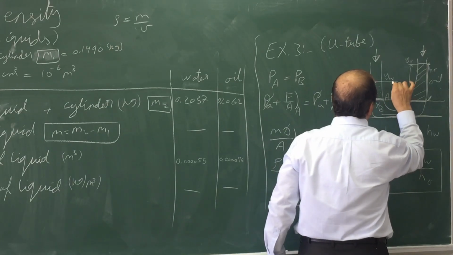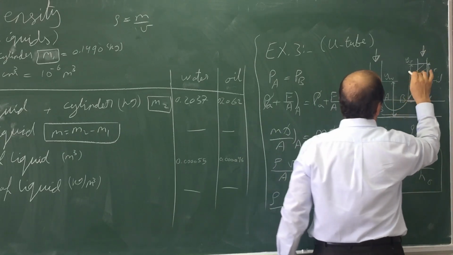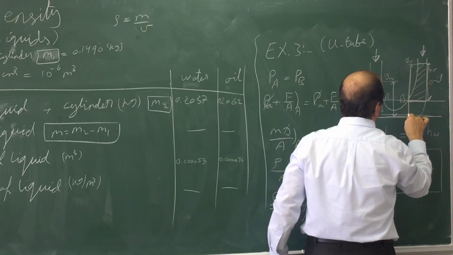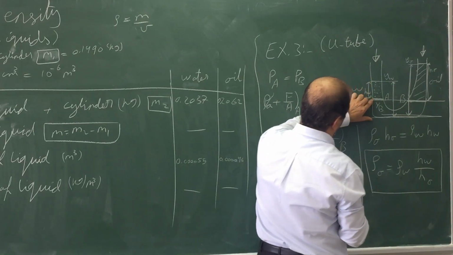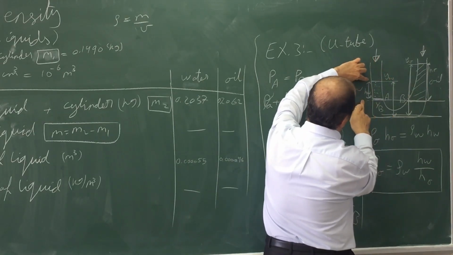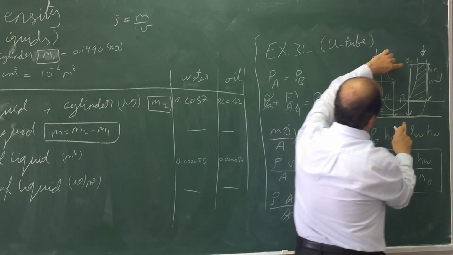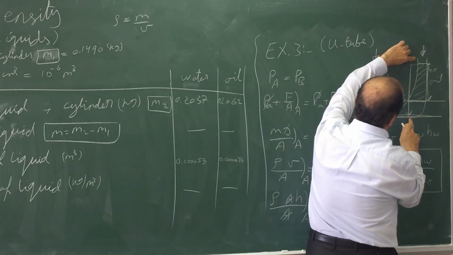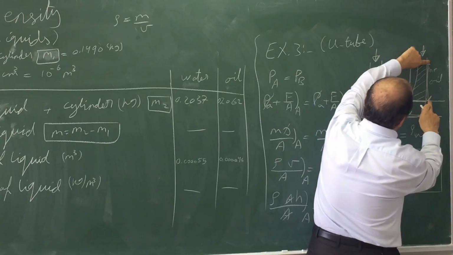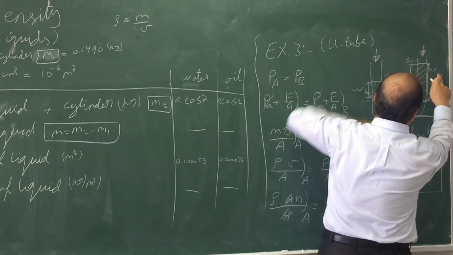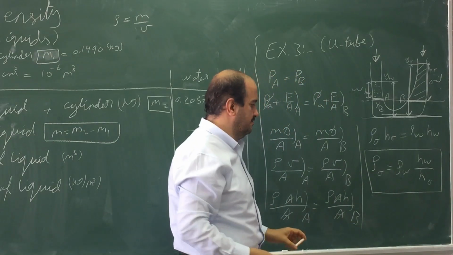Accordingly, the YB will be this distance, and the Y of the oil will be exactly this distance. If I know this one and I know this one, I can find this one, which is the height of the water. The same thing for the oil: if I know the Y for the oil and I know this height, I can get this value, which is the height of the oil.